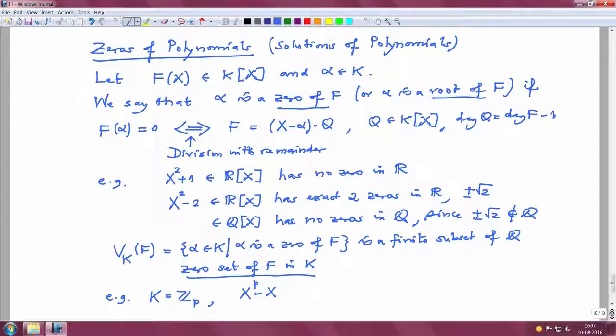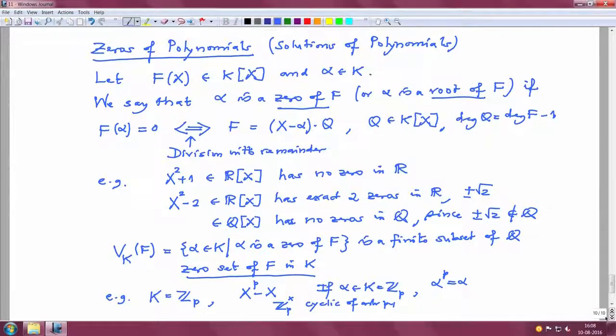Then you know that if alpha is in k, remember k is Z mod p, then alpha power p equals alpha for all alpha, because the multiplicative group Zp cross of that finite field Z mod p is cyclic of order p minus 1, and so alpha power p minus 1 is always 1 and you multiply that by alpha.